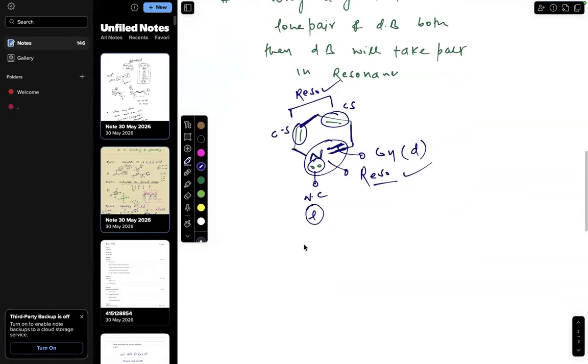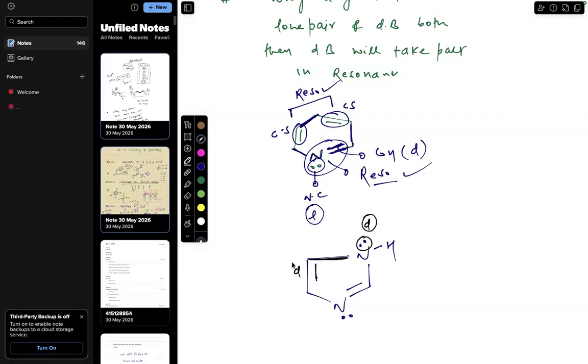Please tell me everyone, it makes sense? Look at this case. This lone pair and double bond, between them we have a single bond. It means delocalized, delocalized. But what about nitrogen?